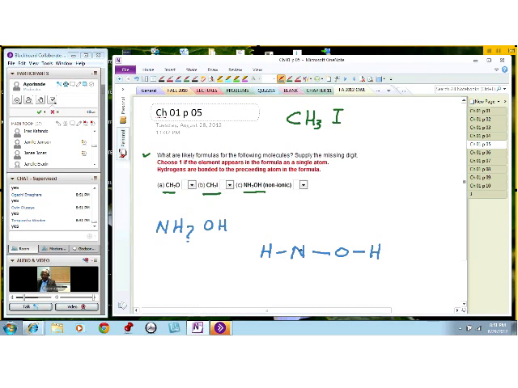What is the valence of nitrogen? How many bonds does it need? 3. So therefore, it is missing a bond here, so that has to be the hydrogen. Now let us worry about the rest of the complete structure in this case.